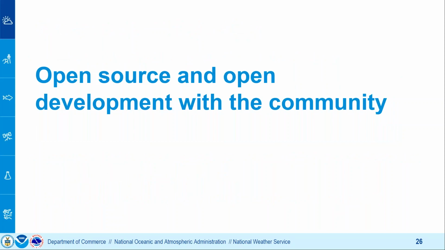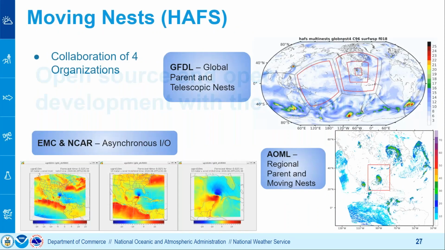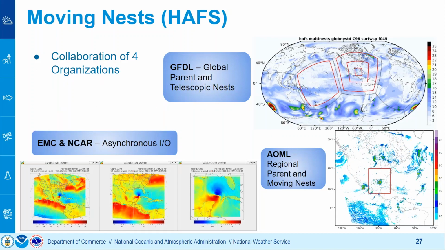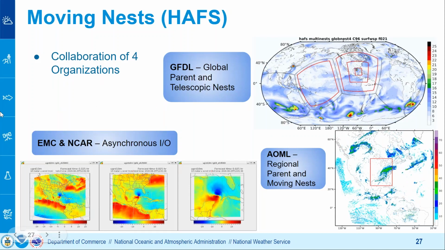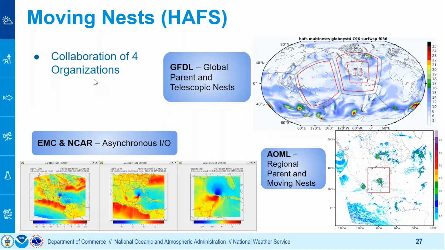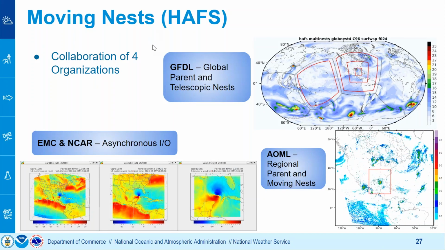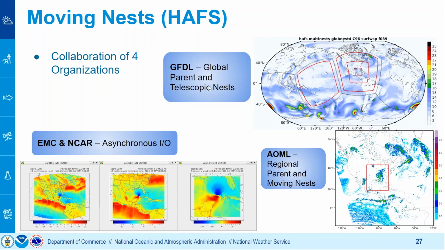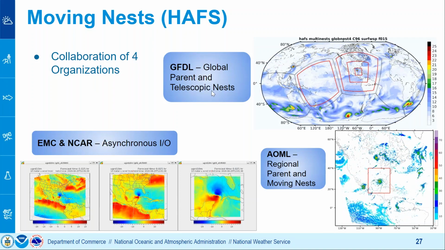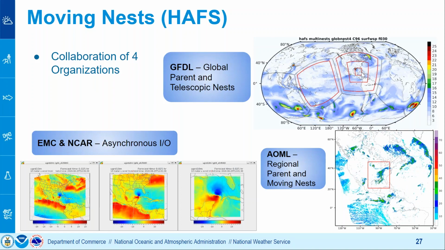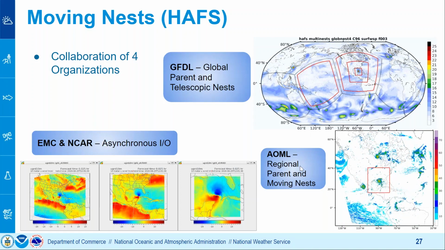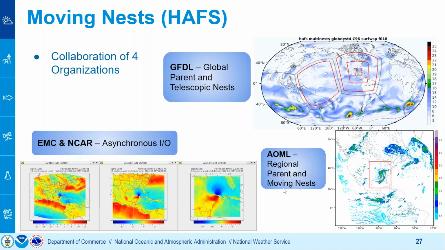Next, I will talk about the open source and open development with the community. This is an example to show you how the collaboration of 4 organizations makes a moving nest capability in UFS. GFDL developed the parent and telescope nest feature, and AOML developed the moving nest feature.